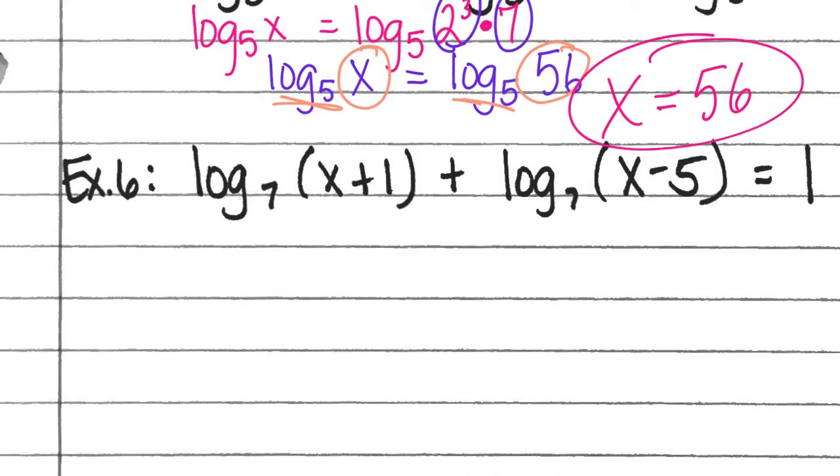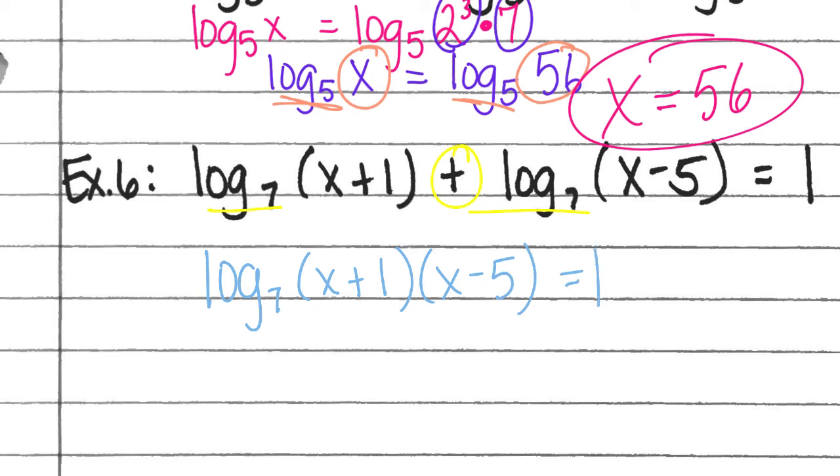And let's look at the last one here. We have the same thing in log base 7, and we have a plus sign, which tells me when I add, I'm going to multiply. So my next step will say log base 7 of x plus 1 times x minus 5 equals 1.